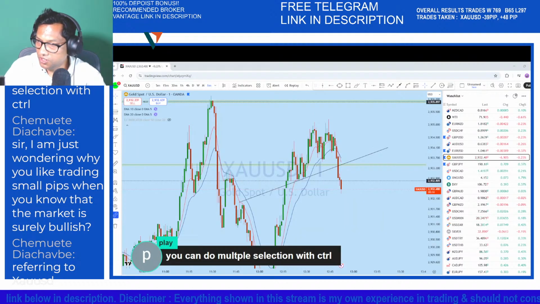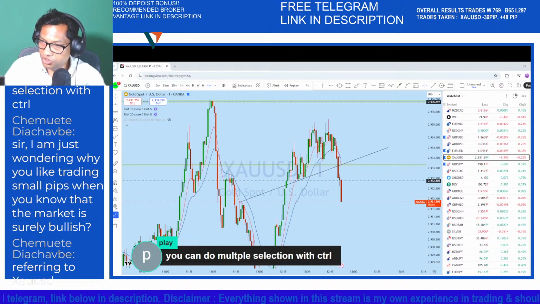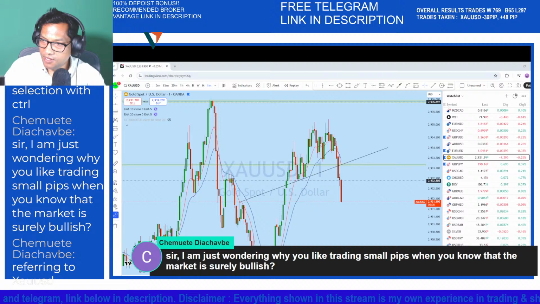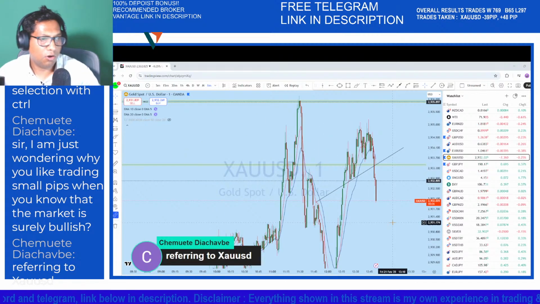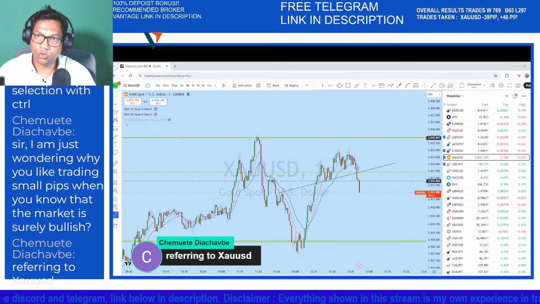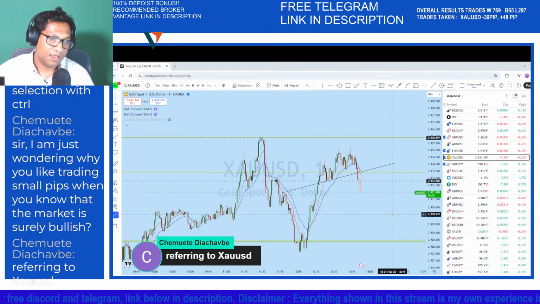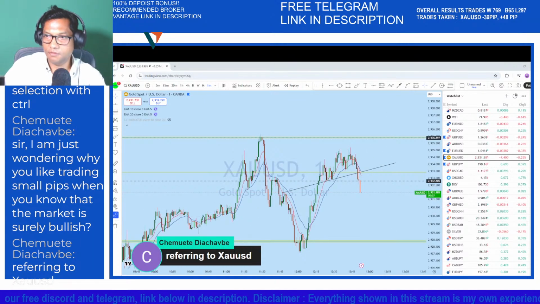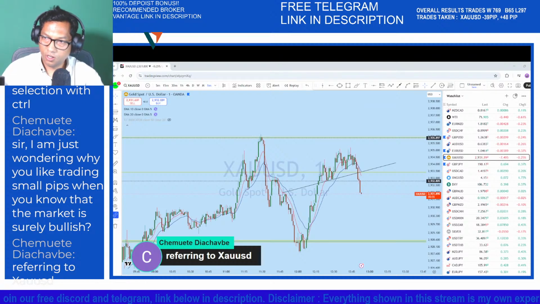So I'm just wondering why you'd like trading small pips when you know that the market is surely bullish. Okay, so that's also coming to the point that in the beginning of this session we discussed probability.